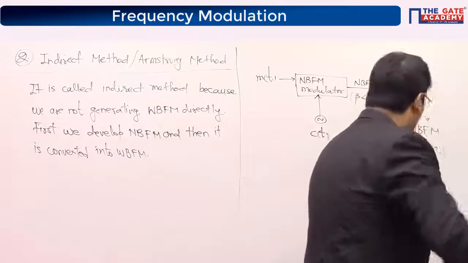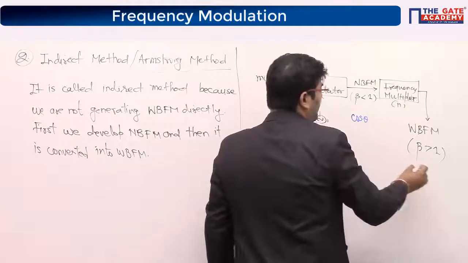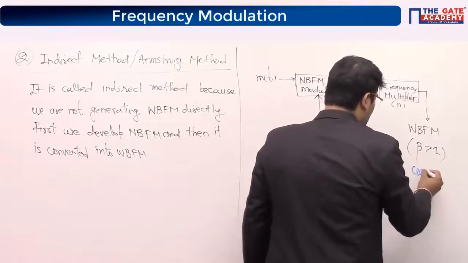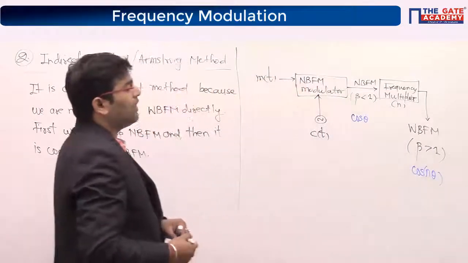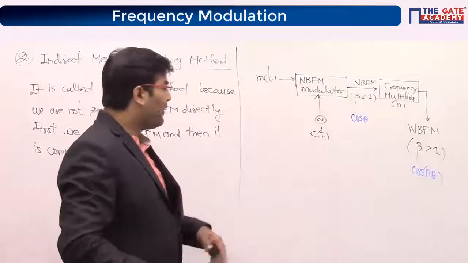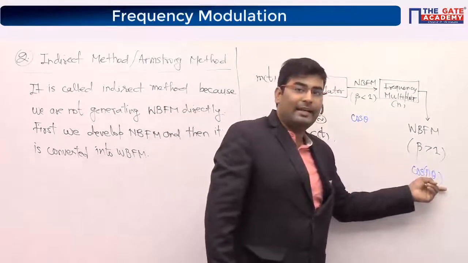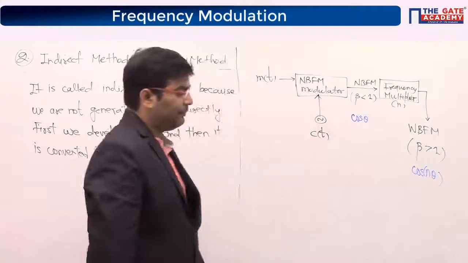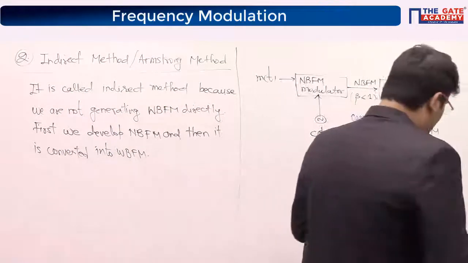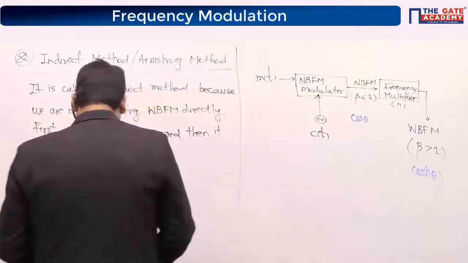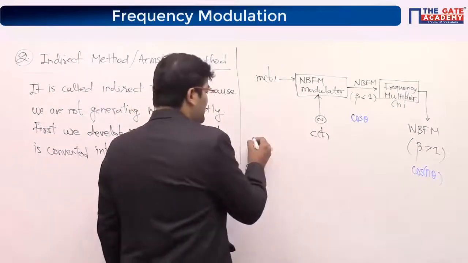Suppose you get here, let's say cos theta. Here it will be cos n theta. That's why we call it a frequency multiplier, because your theta is getting multiplied to n theta. Okay. Now, another key point we should know is what are the advantages and disadvantages in this as well. So what is the advantage?